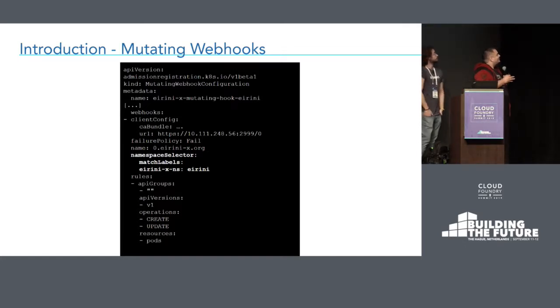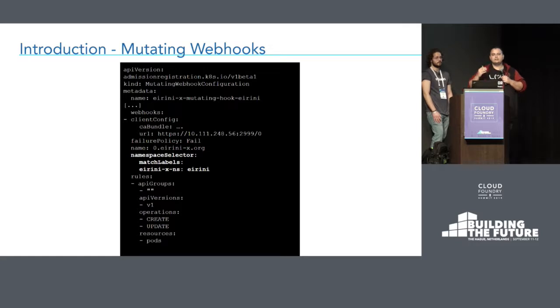Okay, YAML. This is how you define a webhook with Kubernetes. You have to write one of these. You have to provide a CA bundle, the URL of the API server where you listen in for those Kubernetes calls. Namespace selector, that's very important.